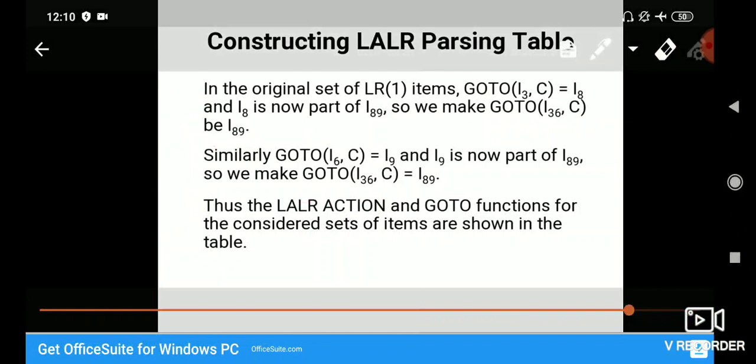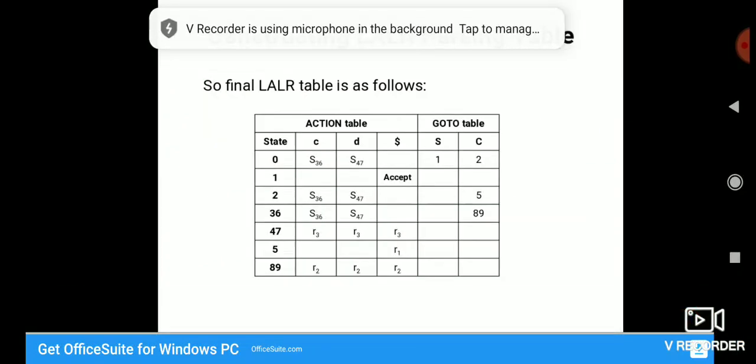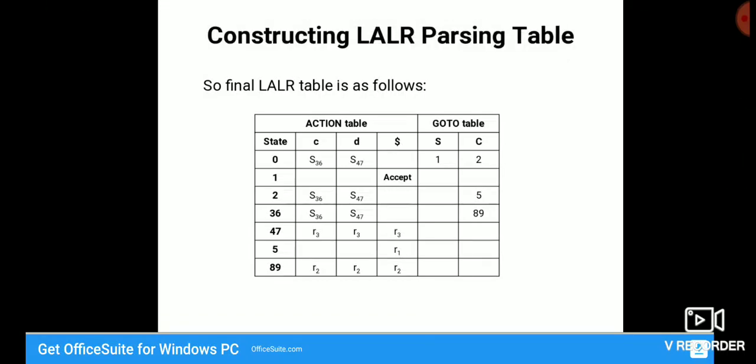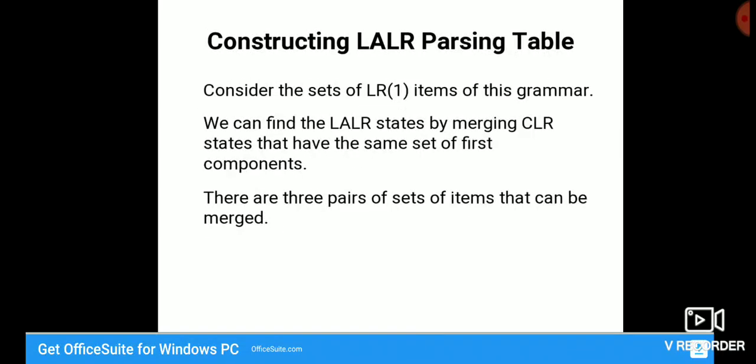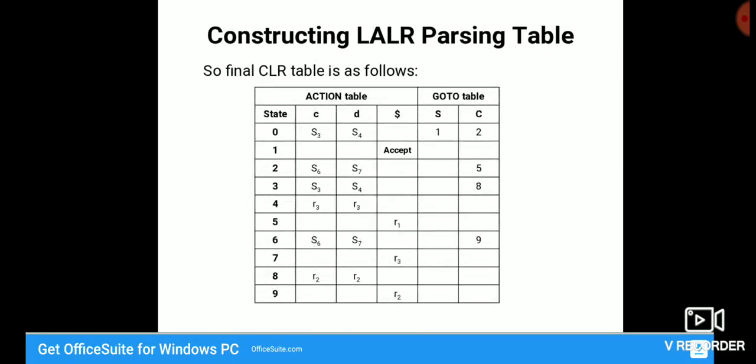Now we will see what we will do in the table. Before this, here you see in the 0th row S36 and S47. I take you back to the CLR parsing table. Now see here, which set of items are combined? I3 and I6.